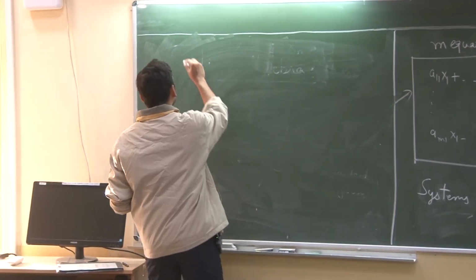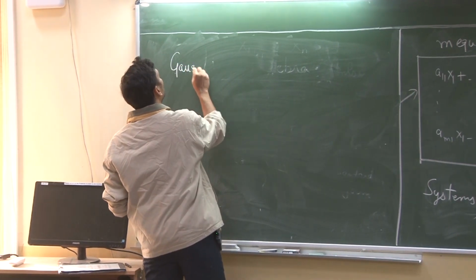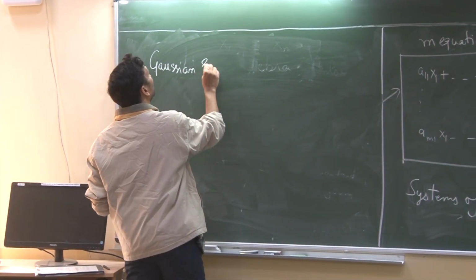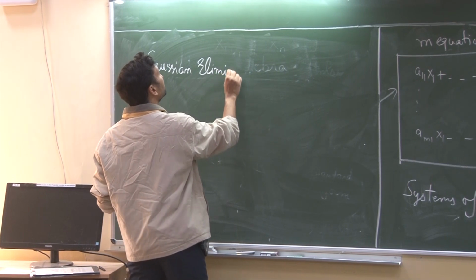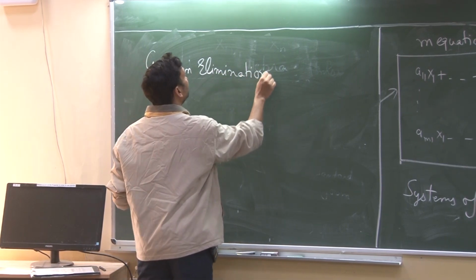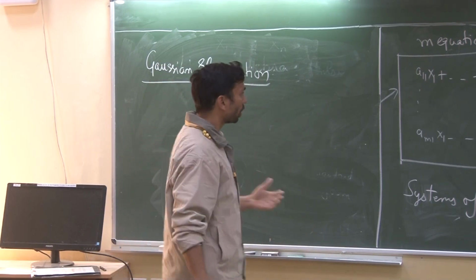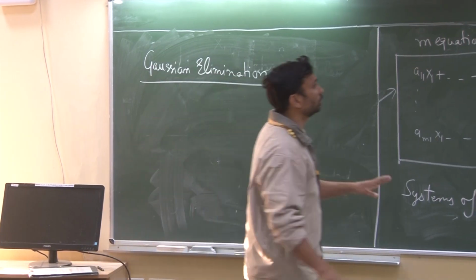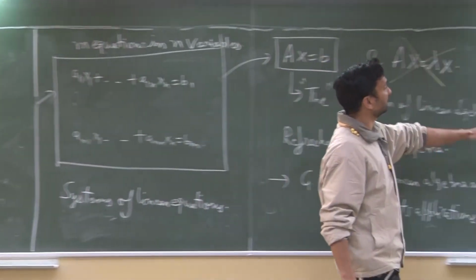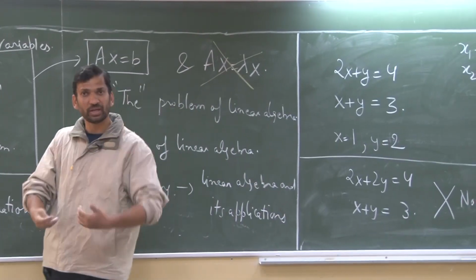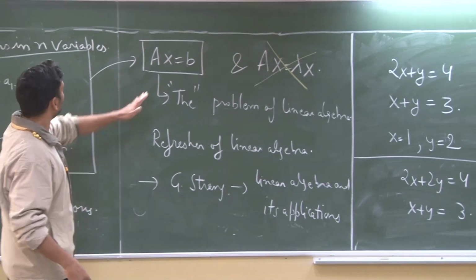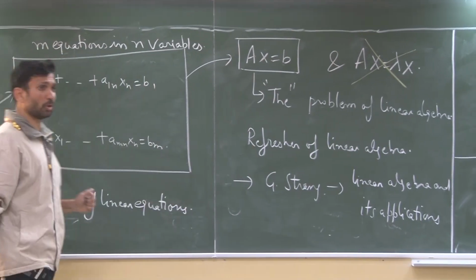If you already know it, then this is called Gaussian elimination. If you don't know it, you are going to learn it in the next 30 minutes. What is Gaussian elimination? We are going to redefine our thinking and see that there is a standard way to attack any such Ax = b problem.